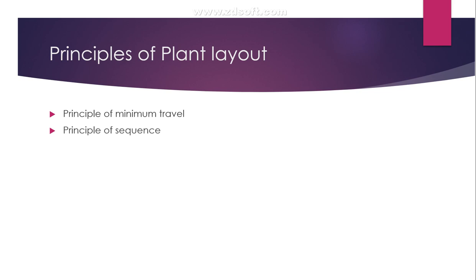So arranging the production operations in a sequential way will help us to produce a large volume of production with a shorter production cycle, which refers to the time consumed in converting inputs into final goods.